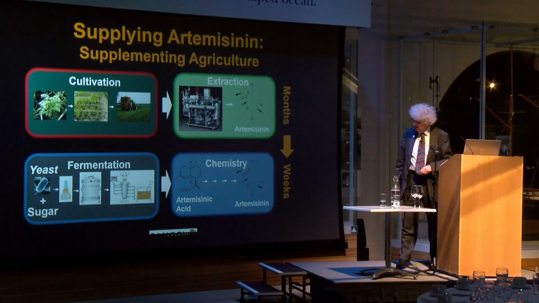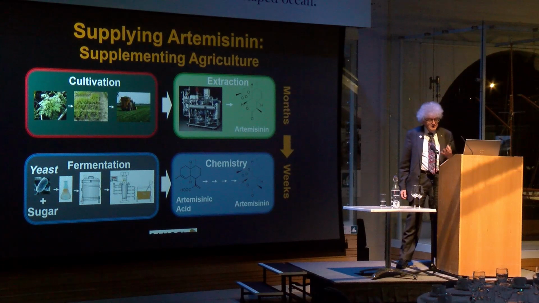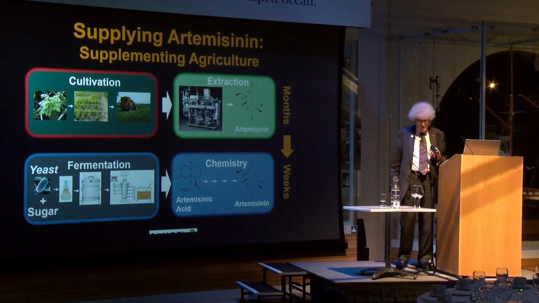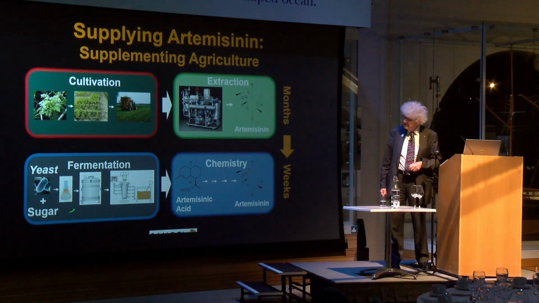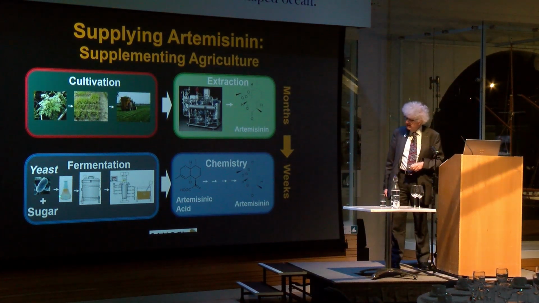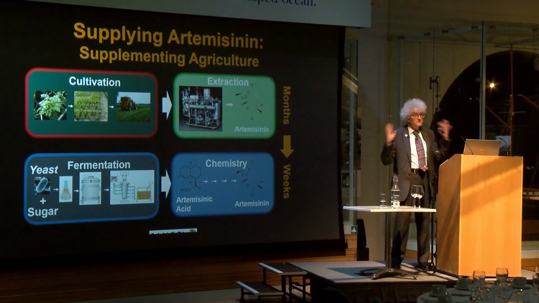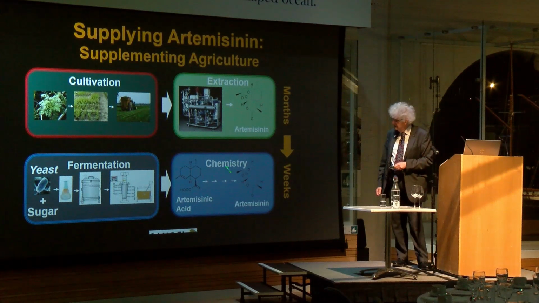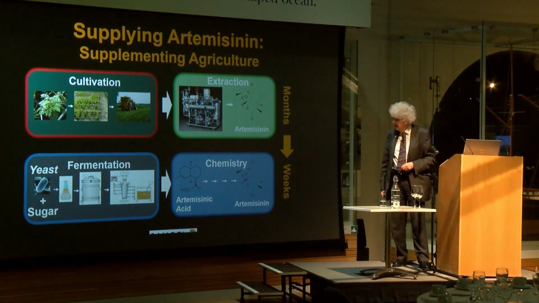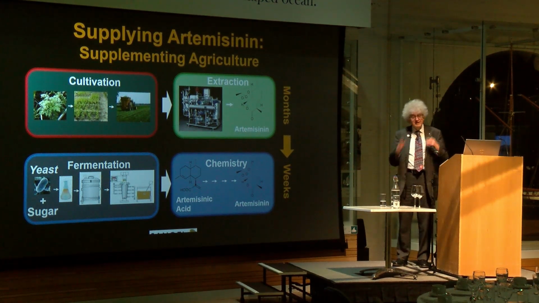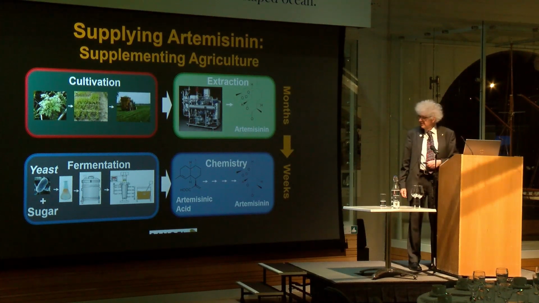The company Sanofi started a process which is called a semi-synthetic process, where you take sugar and genetically modified yeast and do fermentation, and this produces one of the intermediates, artemisinic acid, on the way to artemisinin, and then you do chemistry, including singlet oxygen, to make the artemisinin.